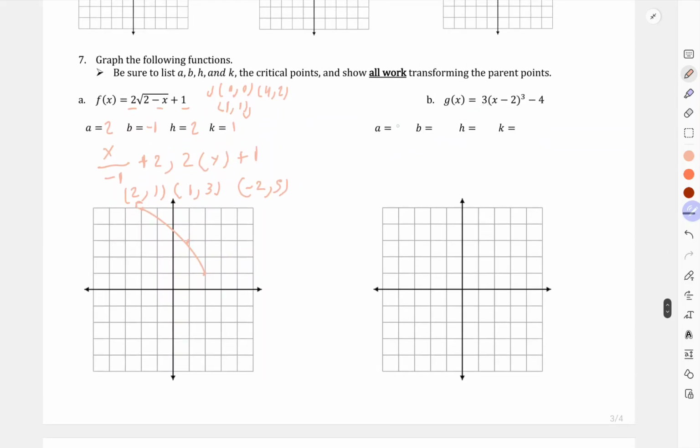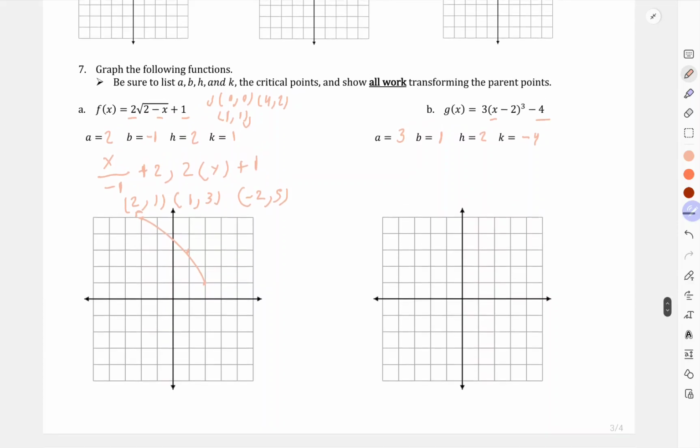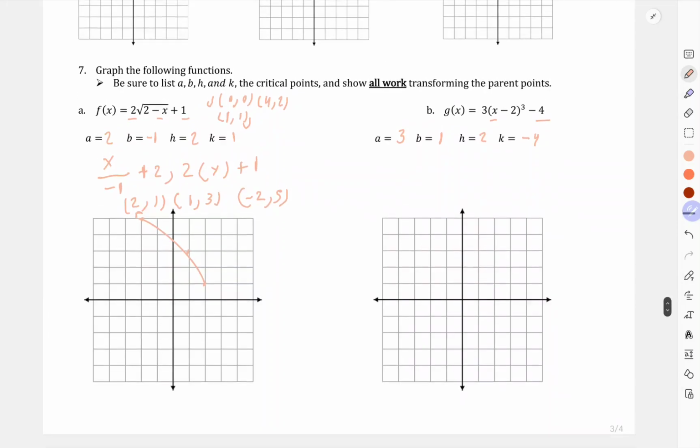So the next one we'll go on to is this. We identify our A, which is 3, and then we identify our B, which is 1, because there is nothing in front of that X. And then we identify our H, which is 2, and our K, which is -4, right? We identify our parent points for this specific function.